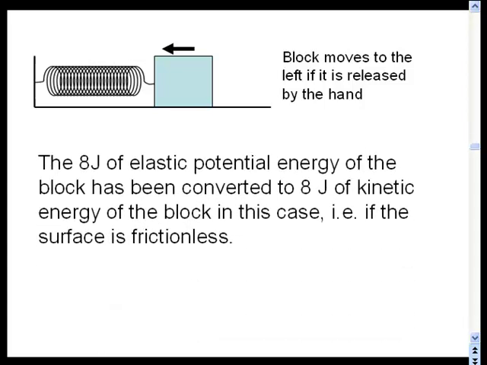The 8 joules of elastic potential energy of the block has been converted to 8 joules of kinetic energy of the block in this case. That is, if the surface is frictionless. If the surface is not smooth, part of the elastic potential energy may dissipate as heat energy through friction.